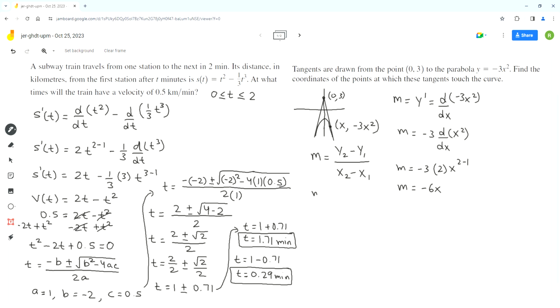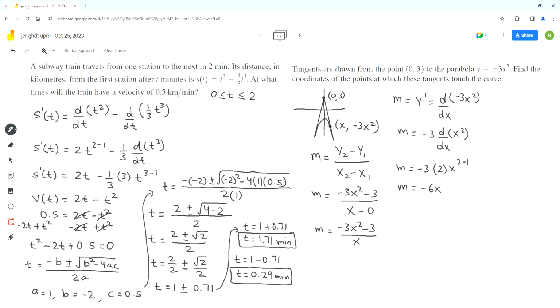Now we can sub in the 2 points. So y2 is negative 3x squared, minus 3, over x minus 0.